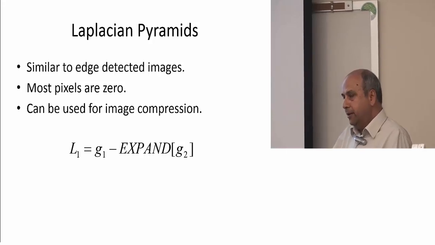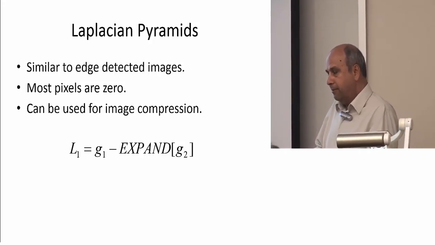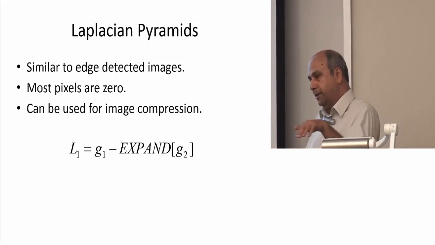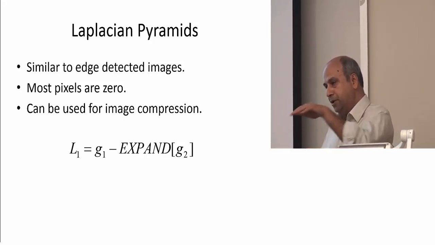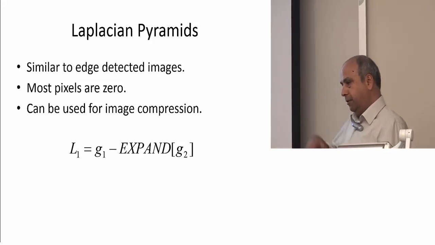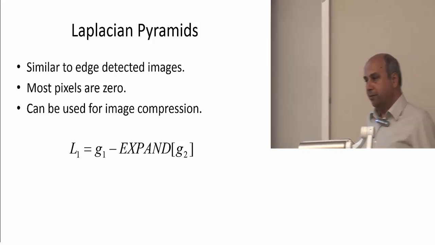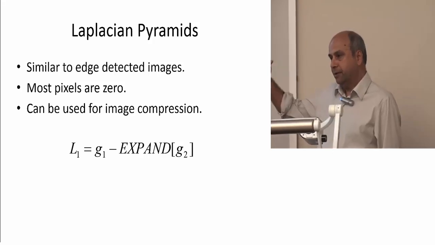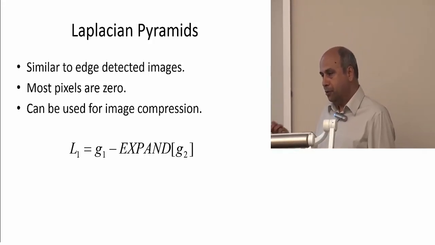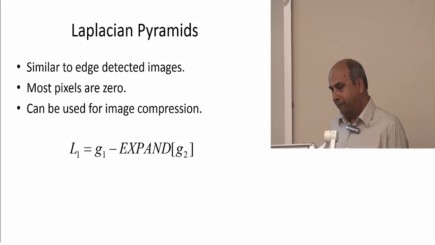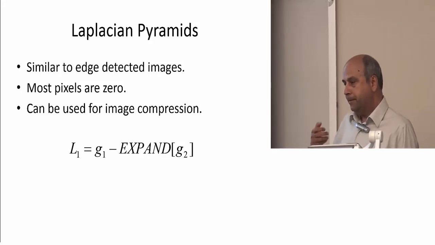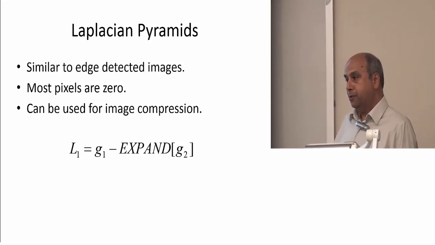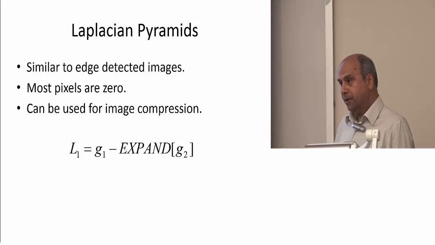Then we do the reduce operation on that. It becomes half the resolution, we call that G2, and then G3, G4. So at the lowest level it's the original image, but when you go to a higher level it's Gaussian, because whenever we do the reduce, we have to apply Gaussian. And whenever you do expand, we have to again apply Gaussian.